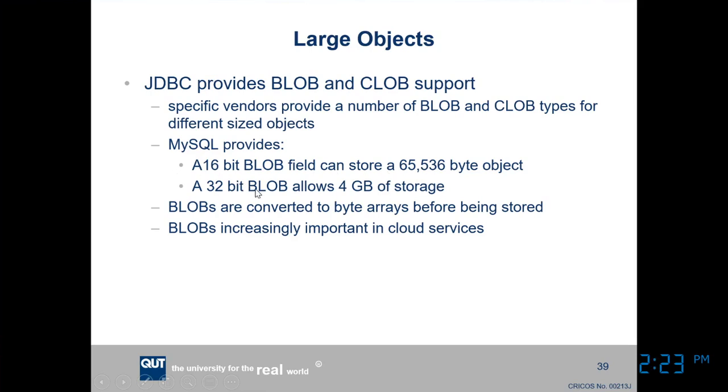A 32-bit blob is, I think it's long blob, which allows 4 gigabytes of storage. These blobs are converted to byte arrays before being stored, and they're becoming increasingly important in cloud services and things like that, where you have data that doesn't really fit into a nice, neat integer or text field type, but you still need to store. These could be images, sound files, anything like that.